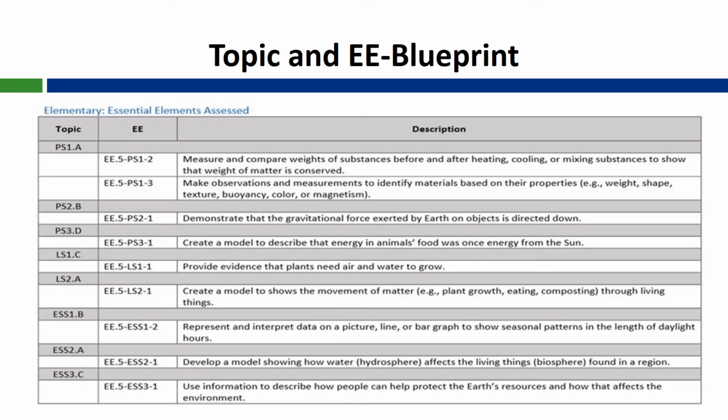Here is a screenshot for elementary grades 3 through 5 and shows the relationship between the topics and EEs. Science uses grade spans and not specific grade levels. Please turn to page 2 in the science handout. Science is a grade span testlet that assumes students were exposed to instruction in earlier grades 3 and 4.